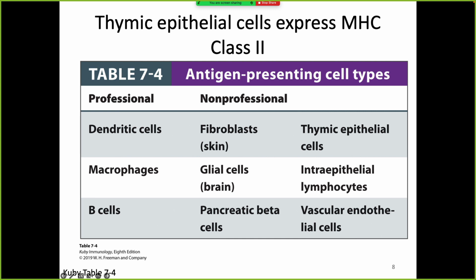So the epithelial cells, the structural cells of the medulla, present on class 2 along with our professional antigen presenting cells. So this is how we can actually make sure our cells are testing properly against class 2. We do have class 2 available in the thymus to test our developing T cells. Hooray.